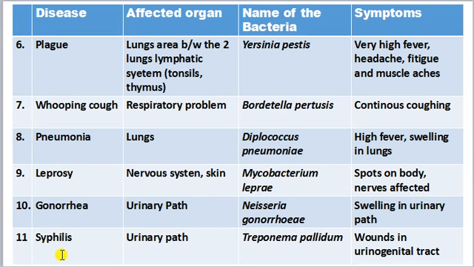Now 11, syphilis. Syphilis is an infection caused by Treponema pallidum. This is a bacteria which causes the infection, and it is transmitted by direct contact with a syphilis sore on the skin or mucous membrane, and a sore can occur on the vagina, anus, rectum, lips and mouth.